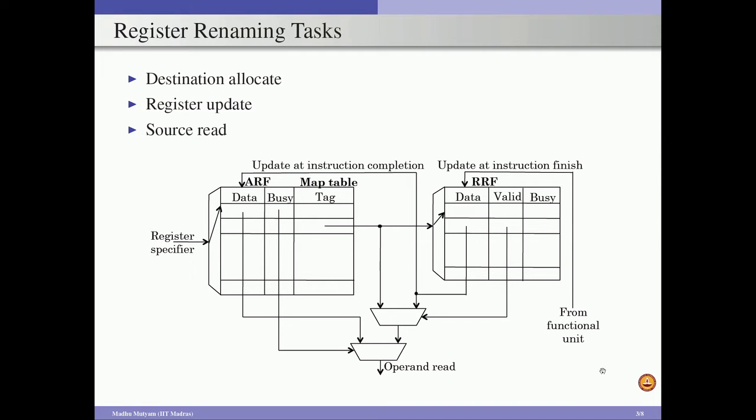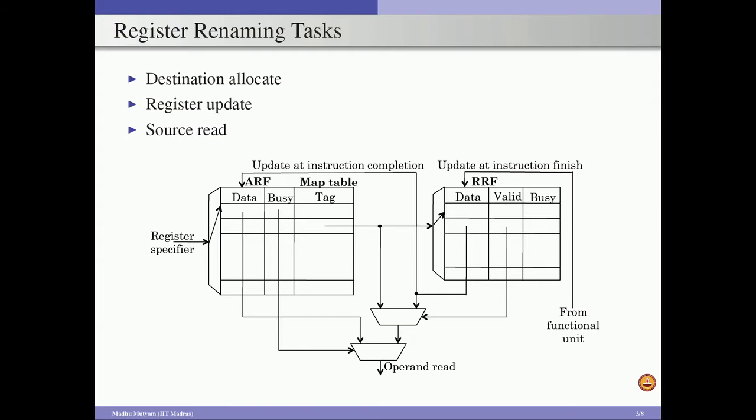Register renaming consists of three main tasks. One is the destination allocation phase, the second one is the register update phase, and the third one is the source operand read phase. Whenever a destination operand of an instruction is to be renamed, we go to the rename register file, find one free register and assign that as the destination operand for the instruction.